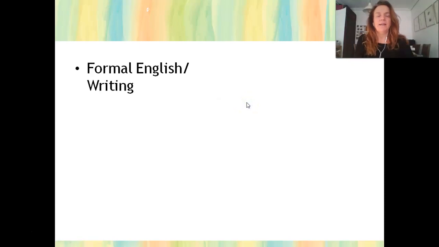The first thing that we must remember is that this is a structure that is used especially in formal or written English, okay? So if we use it in everyday language, it sounds unnatural, okay?